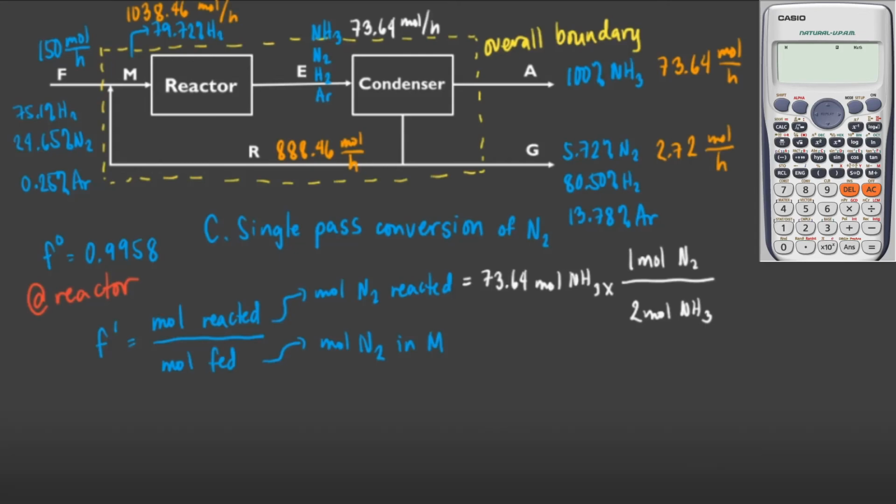Where did I get this conversion factor? This comes from the balanced overall reaction of the system. That is N2 plus 3H2 yields 2NH3. It's just simple stoichiometry. That means that the number of moles of nitrogen reacted is 73.64 divided by 2. That is 36.82 moles.